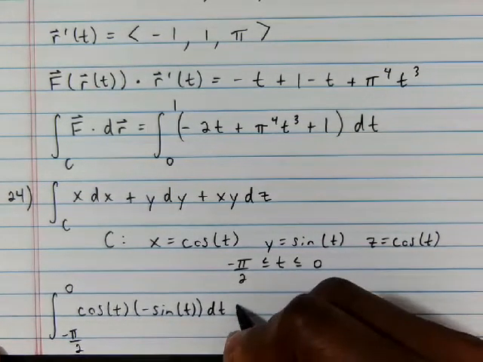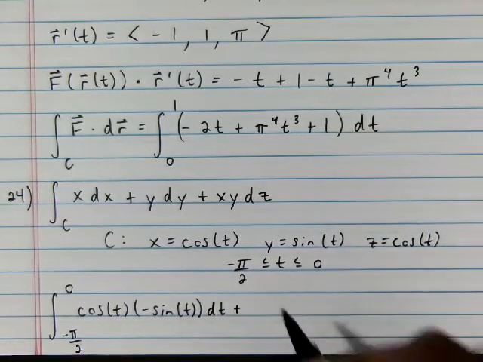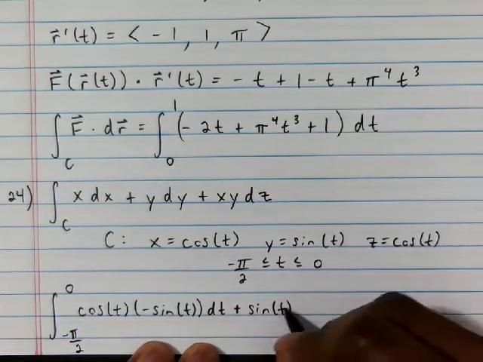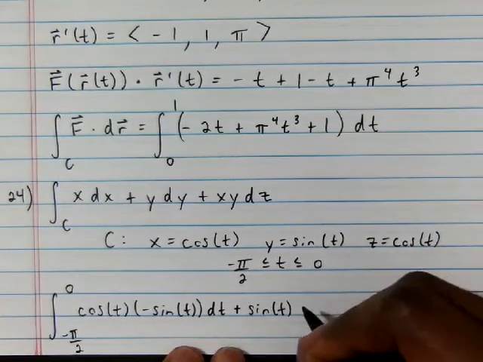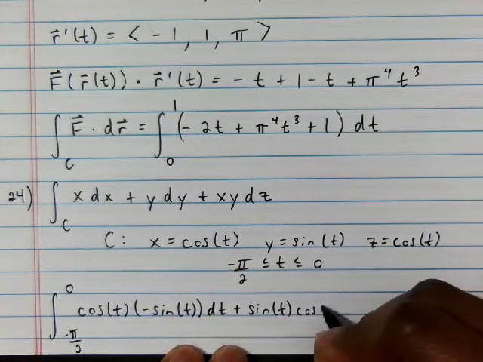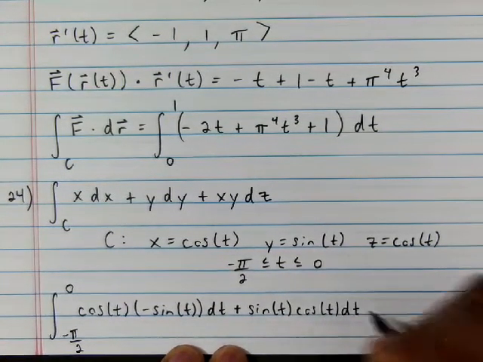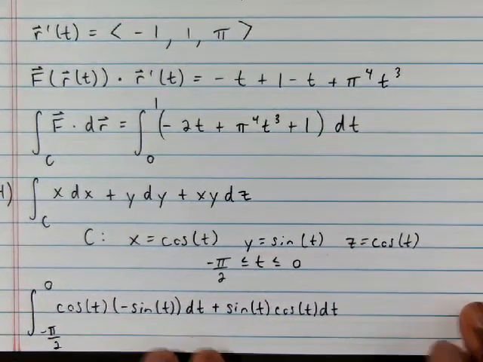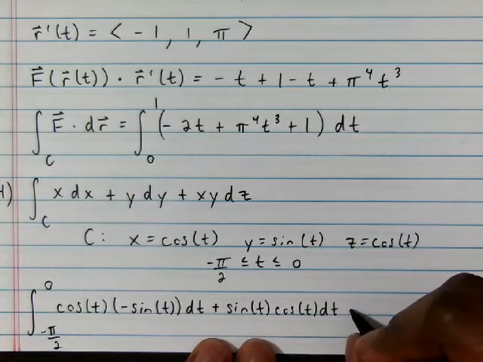And then plus y, which is sine of t, times dy, which is cosine t dt. I'm going to run out of space here, sorry. And then plus x times y.